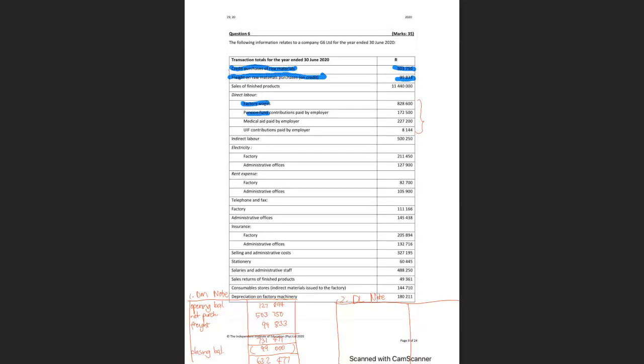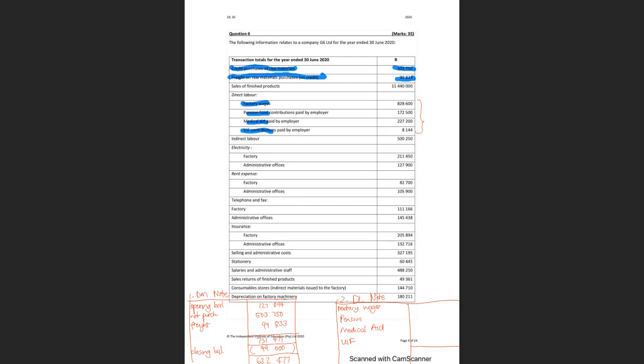That's the wages, the pension, the medical aid, the UIF. So here it is the factory wages, the pension, medical aid, and UIF. And the entire amount is going to go to your production statement.